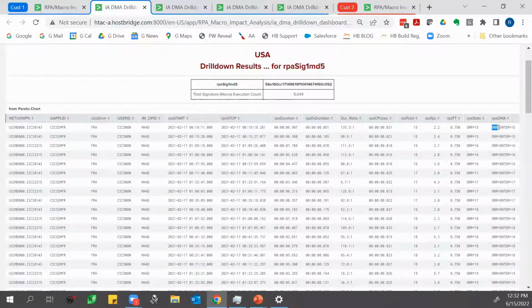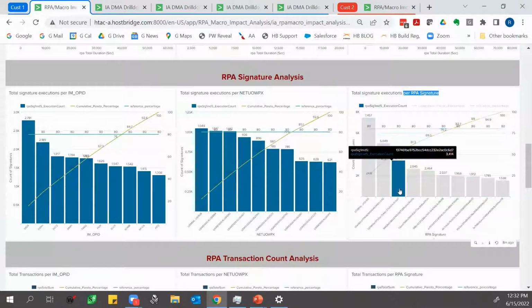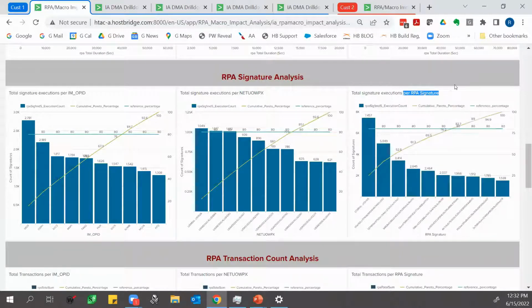So here's the ORR transaction and scripts or bots that are beating on the enter key. And here's the one where we see very high volume. And then we can just work our way down. And again, the good news is that, and we see this at many organizations, and the way we put it is this: you don't need to boil the ocean.